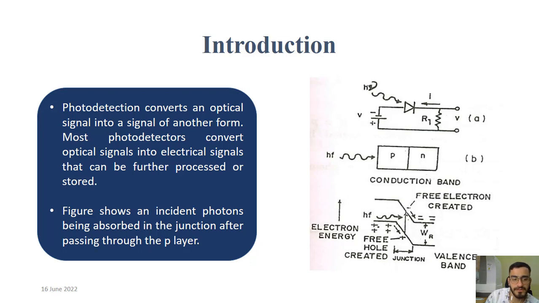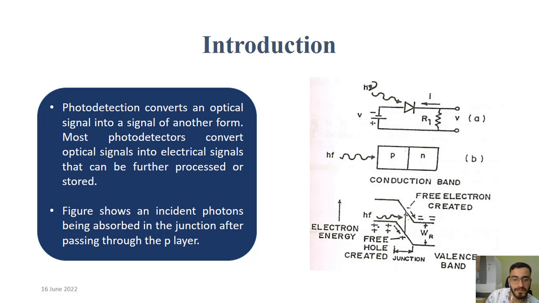In this figure, the incident photons are absorbed by the junction, and after passing through the P layer, the light photons incident on the junction produce a large number of electron-hole pairs.